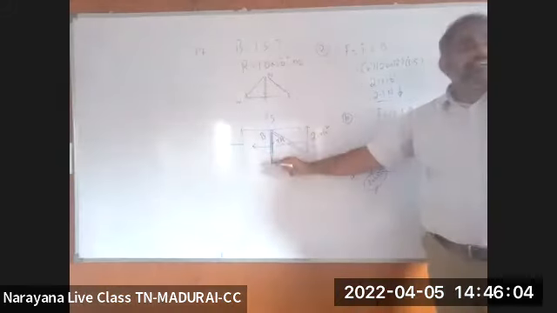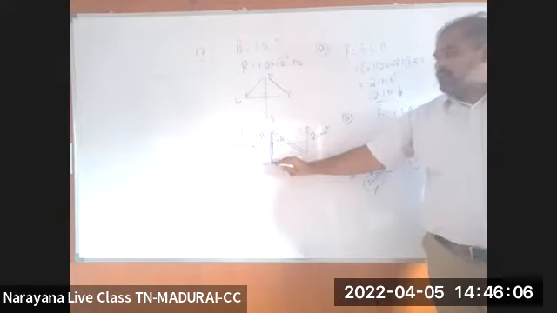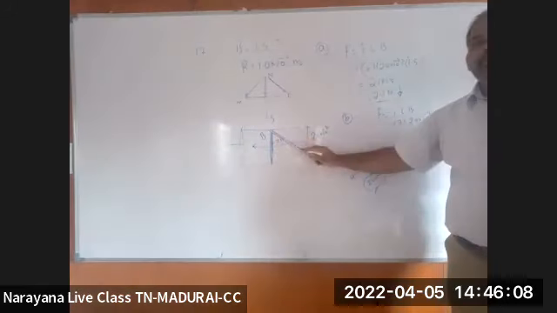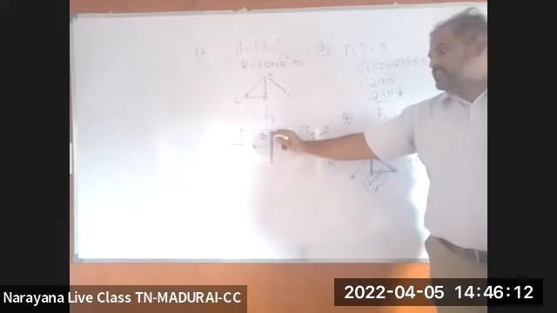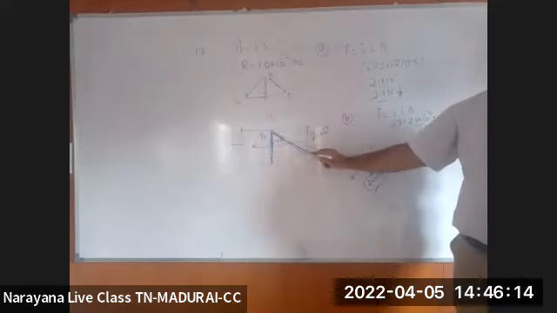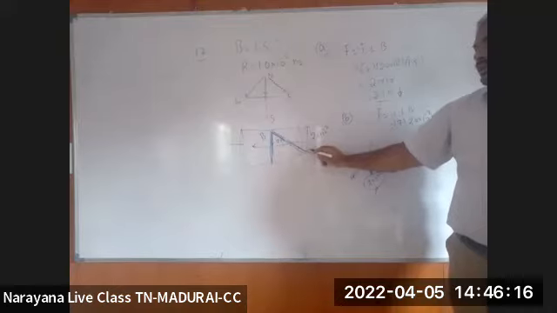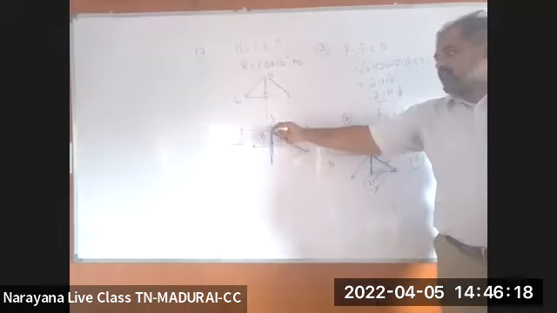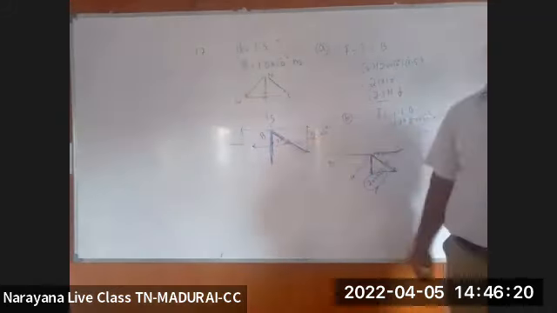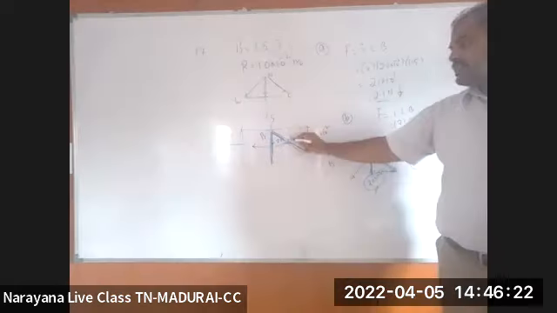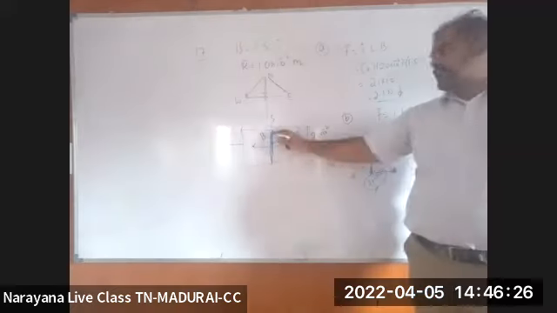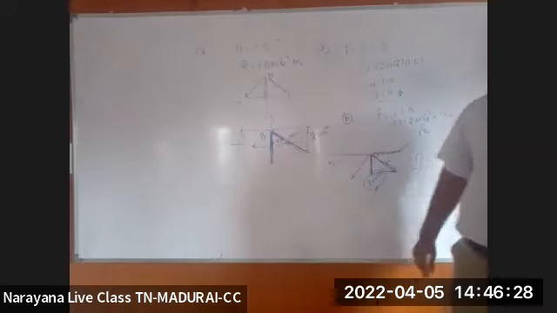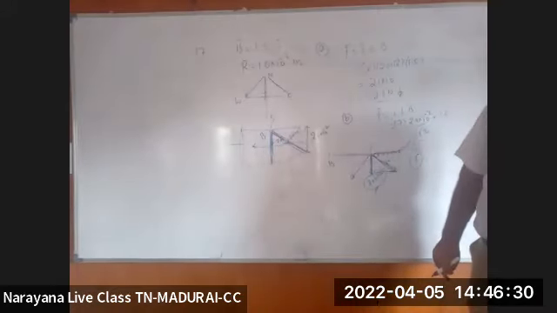This is a 20 centimeter wire. It is tilted north to east or north to west, no? If it is tilted north to east, it will be like this. That is 20 centimeter. Then still you have to take the length 20 by root 2 only.